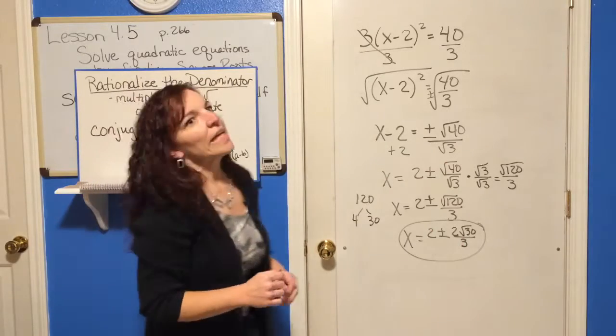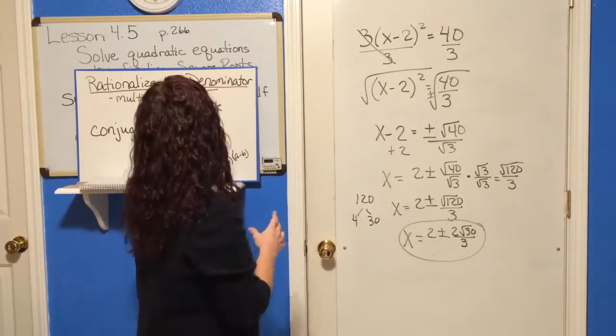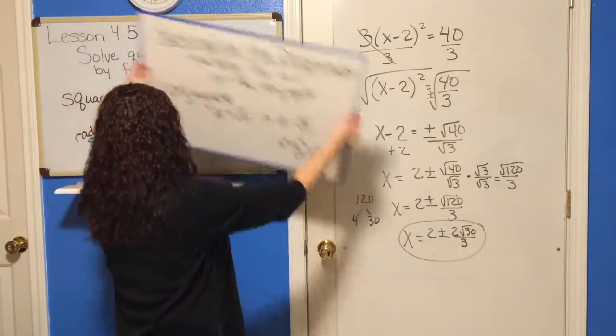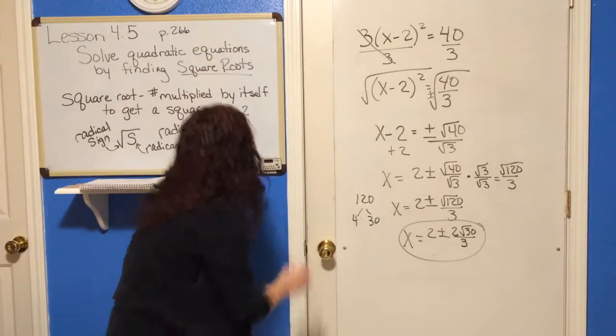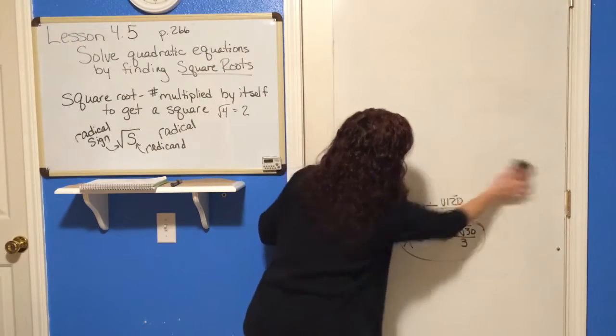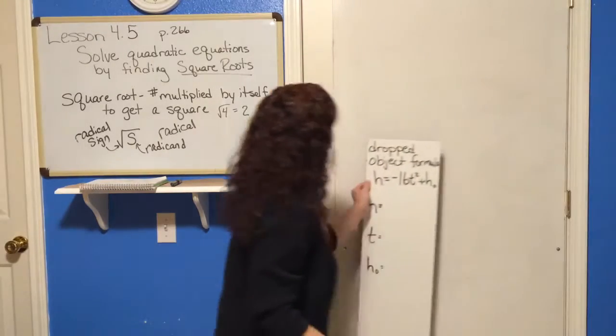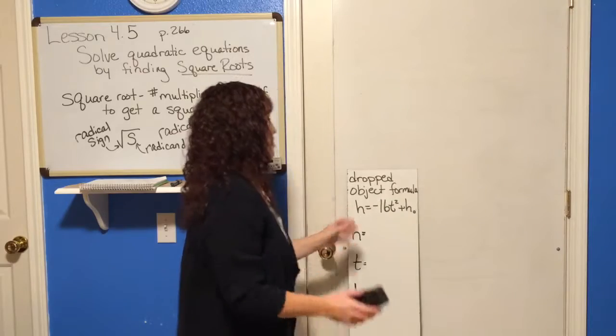All right. Now that we know how to solve them, let's use them in a real life situation. Here we go. You need to know, in order to solve this type of problem, the dropped object formula.